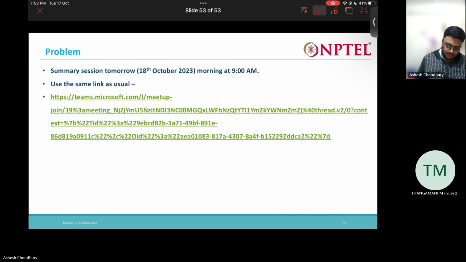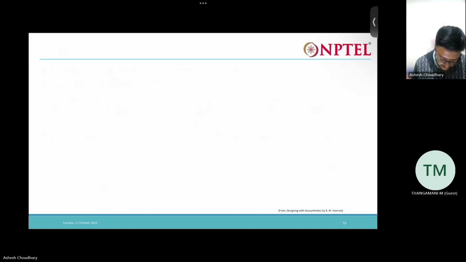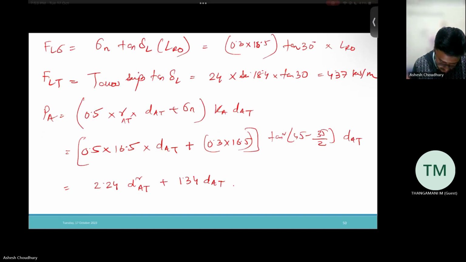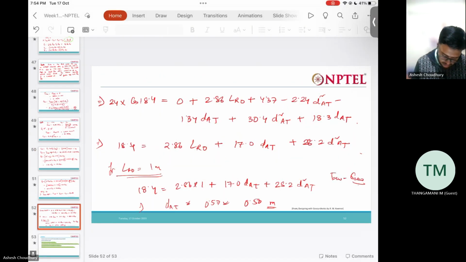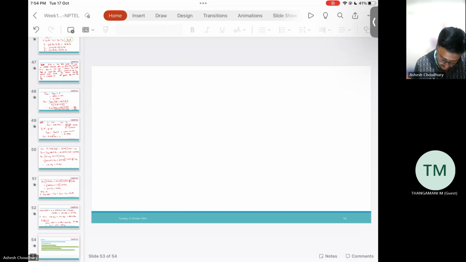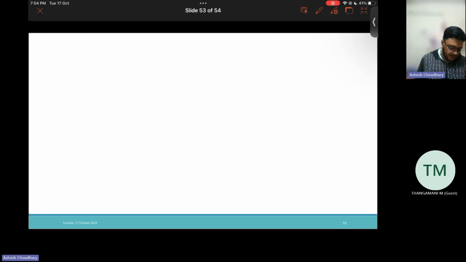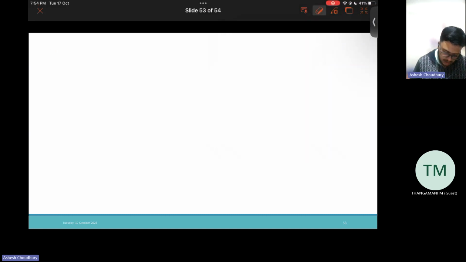So what we can do, we can vary T allow. Say one thing we can fix, say we are fixing DAT as 0.5.